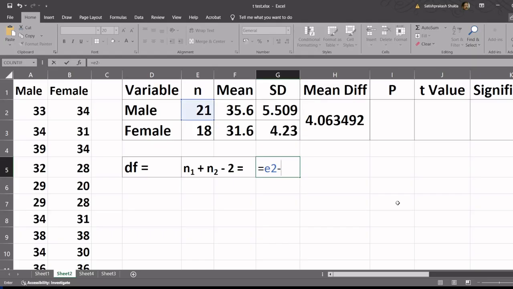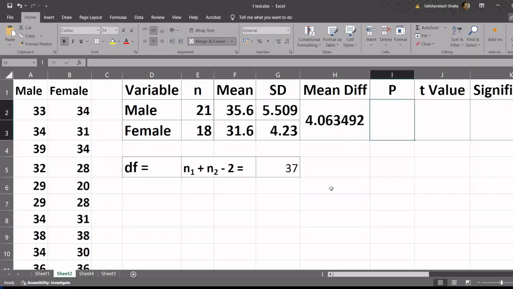N2 is calculated in E3. So, we will write here E2 plus E3, not minus, plus E3, minus 2. So, this is DF, 37.